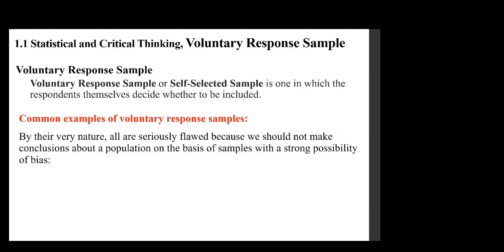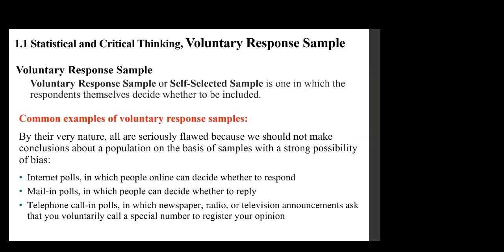What about the common examples? By their nature, they are flawed, and there are a lot of examples. Internet polls in which people online can decide whether to respond, mail-in polls in which people can decide whether to reply, telephone call-in polls in which newspaper, radio, or television announcements ask that you voluntarily call a special number to register your opinion.